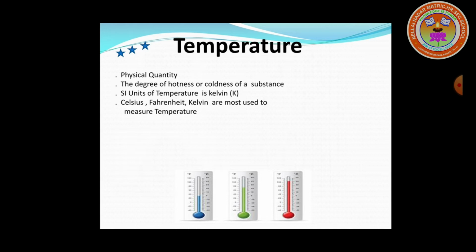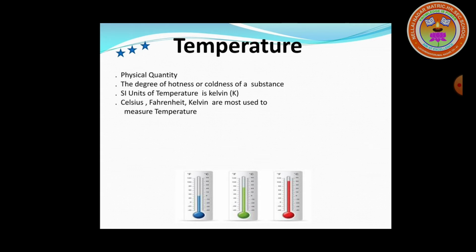And already you know the SI unit of temperature is Kelvin. Not only Kelvin, temperature can also be expressed in some other scales. One is Celsius, second is Fahrenheit, and third is Kelvin.